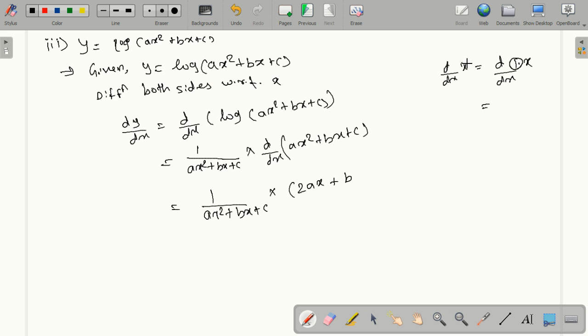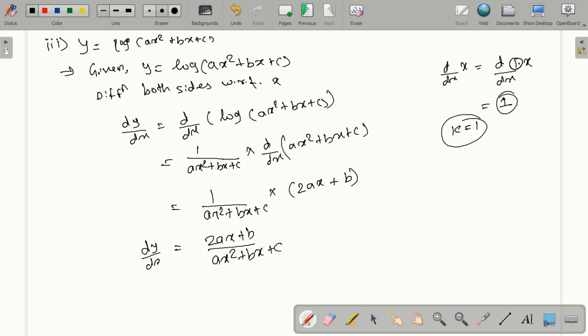That's why d by dx of x is 1. Right? We have seen that in the second class. And the derivative of a constant is 0. So the final answer would be 2ax plus b upon ax square plus bx plus c.